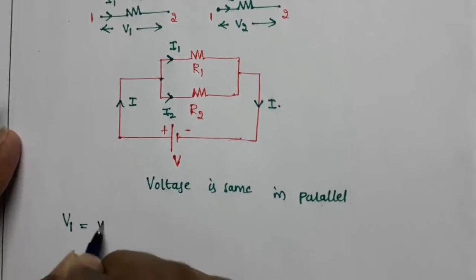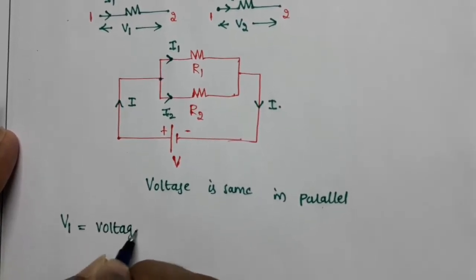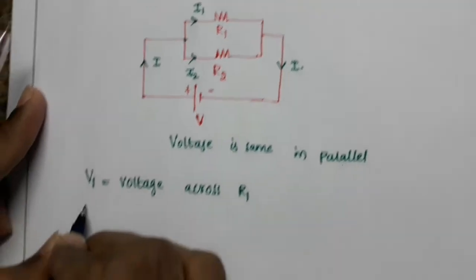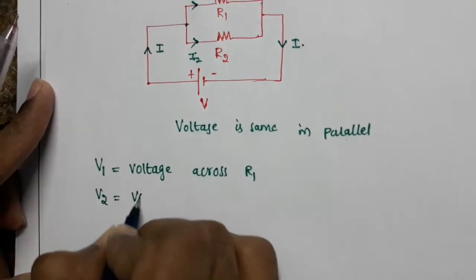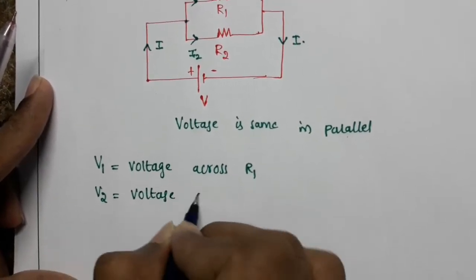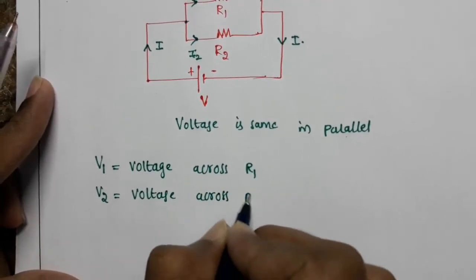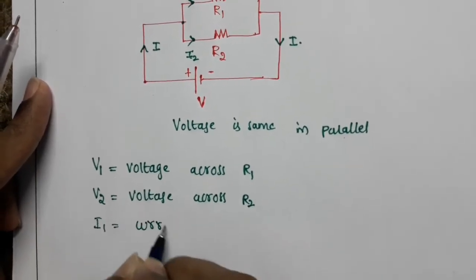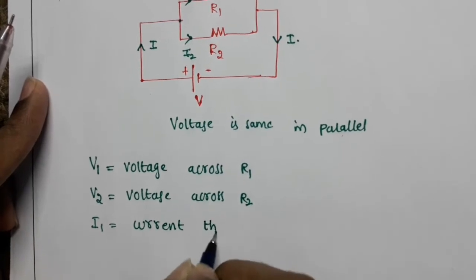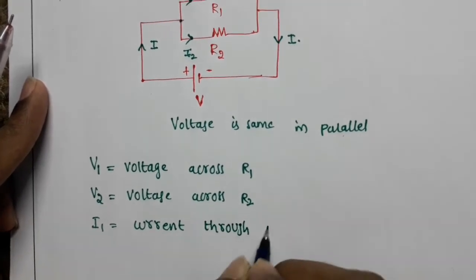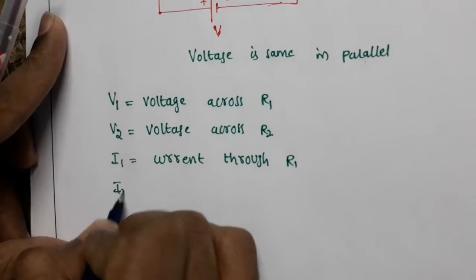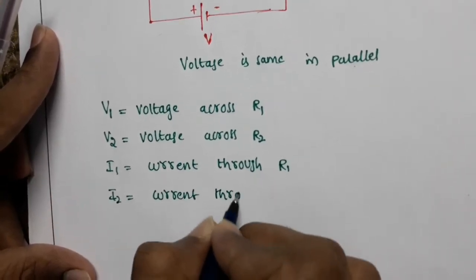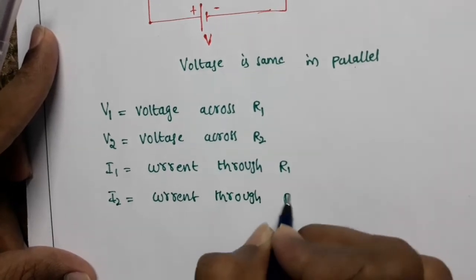V1 equal to voltage across R1, V2 equal to voltage across R2, and I1 equal to current through R1 resistance, and I2 equal to current through R2 resistance.